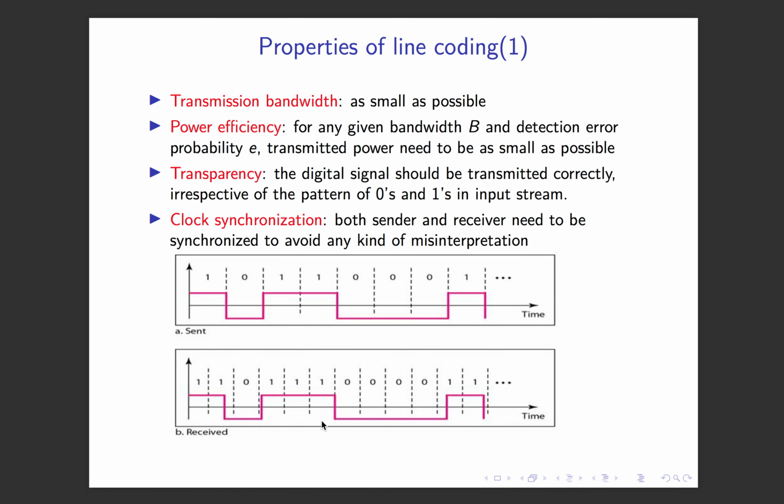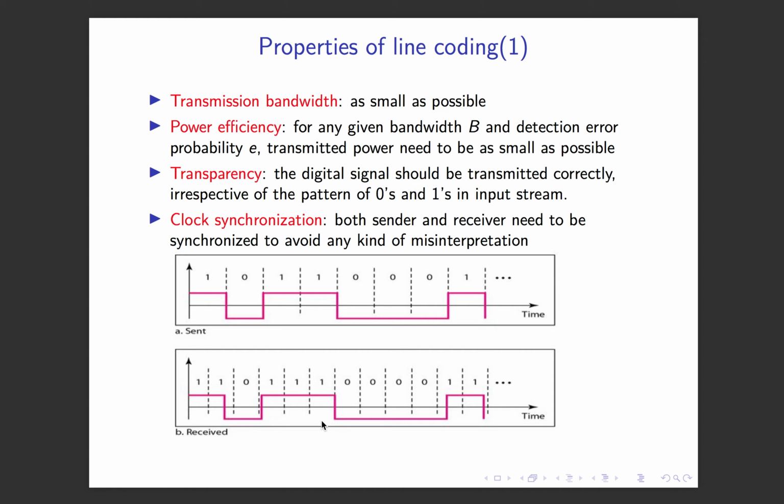Now these are the important features of line coding. First, there is transmission bandwidth. As we saw, it deals with low frequency signals, so we want to keep the bandwidth as small as possible.